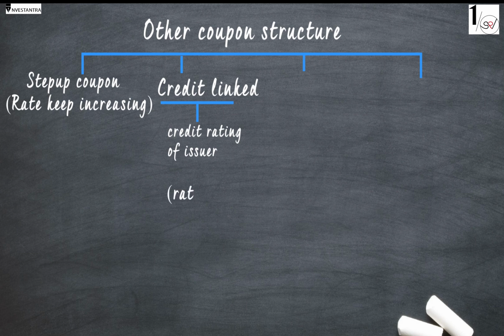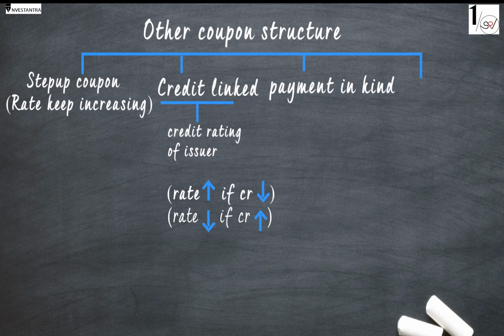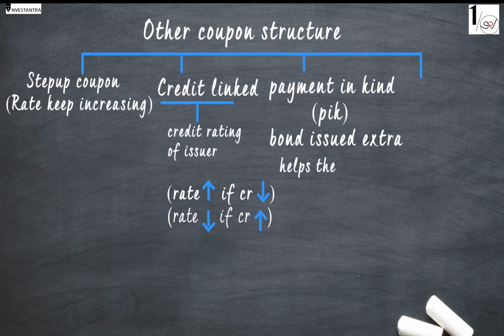Rate goes up if credit rating goes down. Rate goes down if credit rating increases. Right? That means you become more trustworthy. So payment in kind is a little interesting. This means that the issuer will issue more bonds. So this helps the issuer. What's a deferred coupon? I think it's easy.